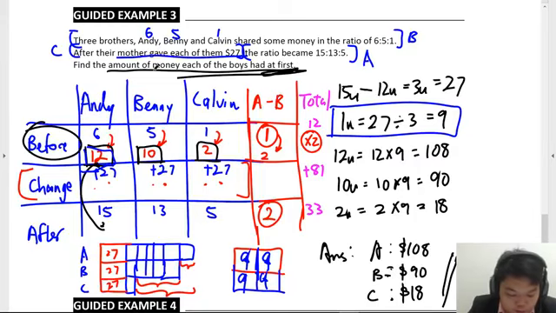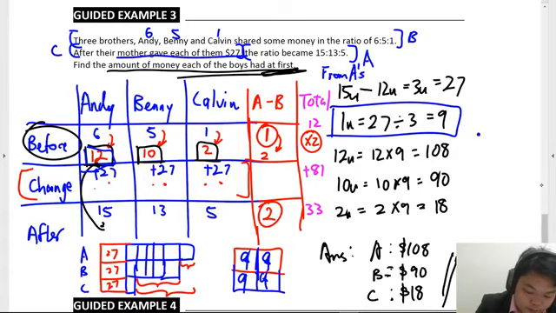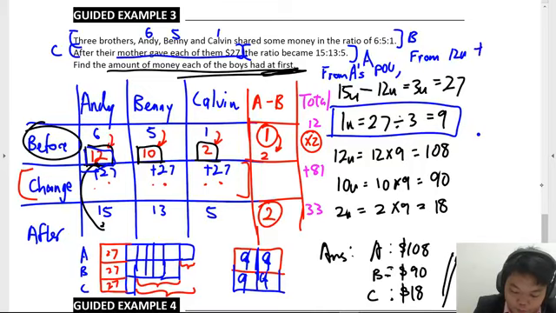Okay, so Jessica is asking why 15 minus 12 is equal to 3 units. Because if you look at A over here, from 12 units, from A's point of view, from 12U to 15U, the increase is 3 units, correct?